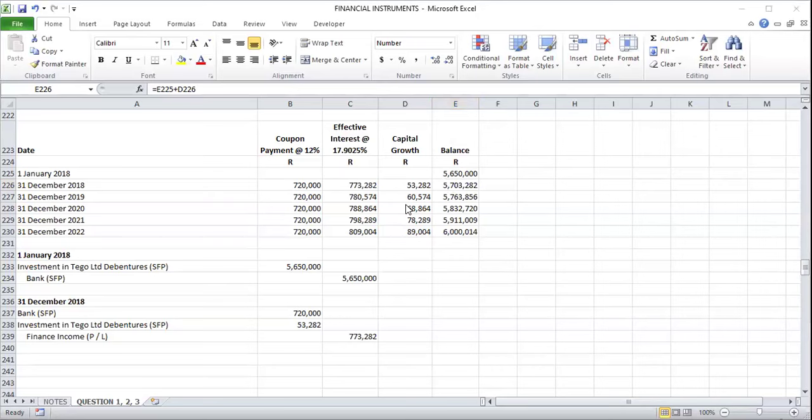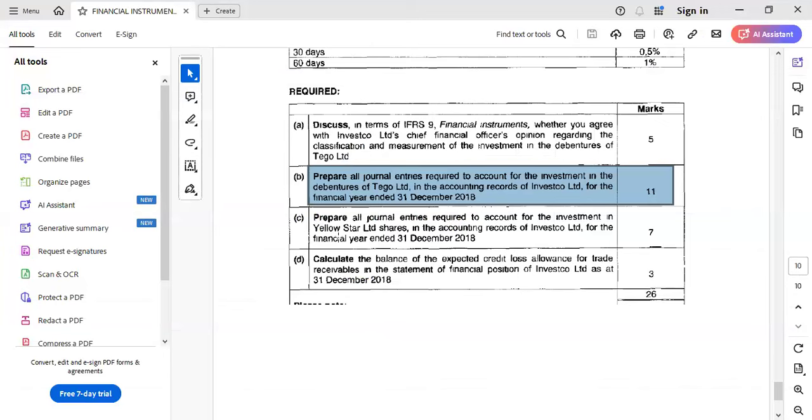They just said 2018. Then number C, prepare all journal entries required to account for the investment in Yellow Star Limited shares in the accounting records of Investco for the financial year ended 31 December. So you see, when they just say prepare, you don't have to discuss those things there.